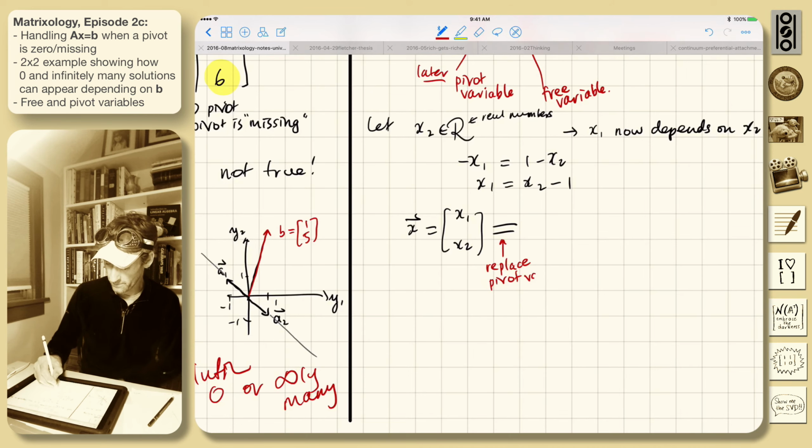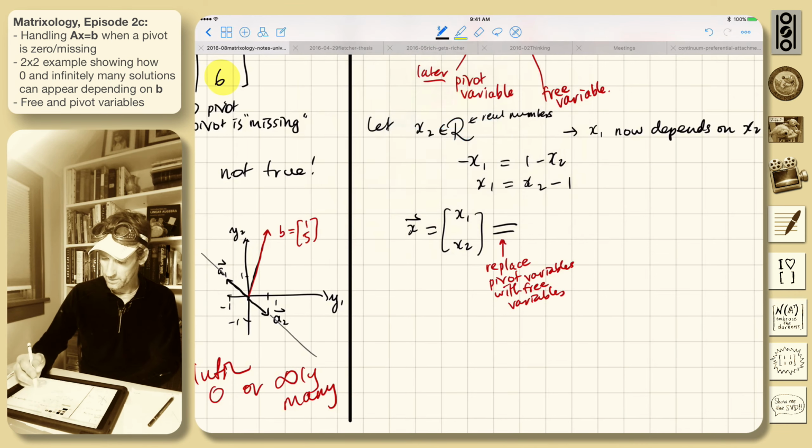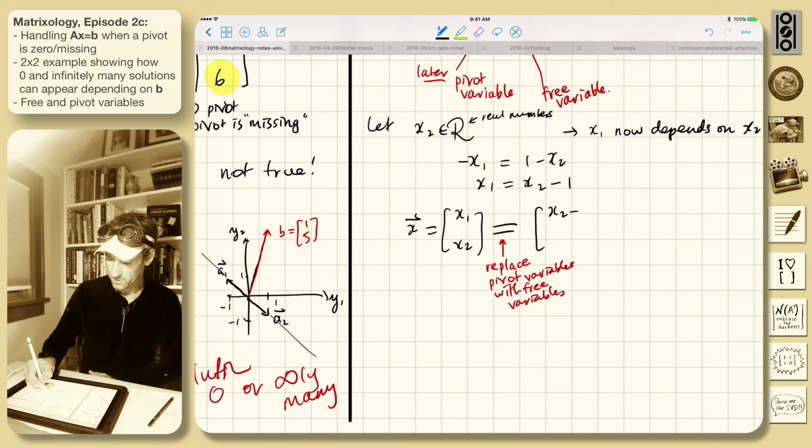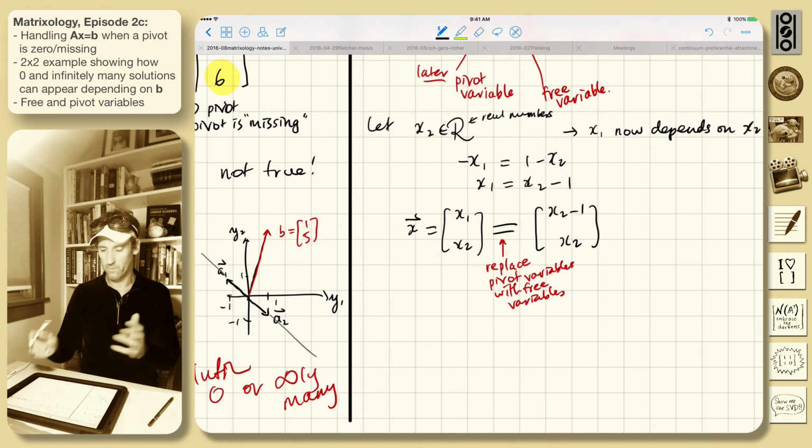There could be many pivot variables with free variables. So x1 is x2 minus 1, and x2, as we said, is free. It can be whatever it wants.